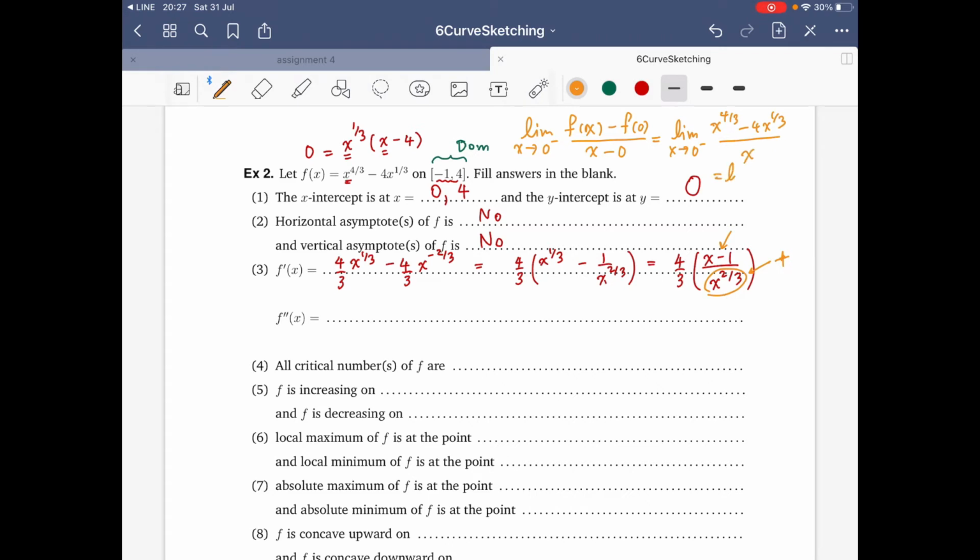So you have x raised to the power 1/3 minus 4/3 over x raised to the power 2/3 as your x goes to 0. This one is okay, but this one will be a number over a small number, so it will go to negative infinity. So it means that the derivative at 0 cannot be found. So you make a little comment that this one does not exist.